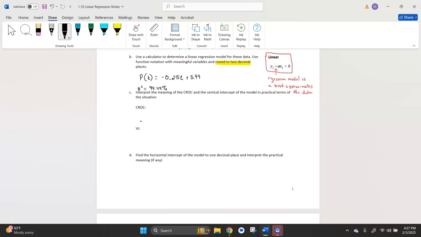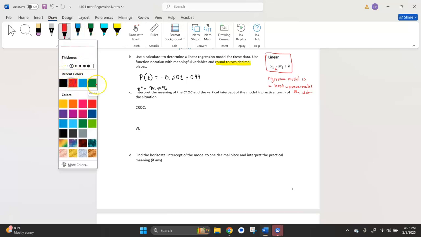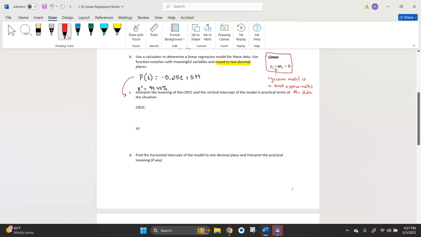Now, interpret the meaning of the constant rate of change. Notice that we're not looking at the data, and we're not looking at the calculations that we've done before; we're simply looking at what we have written in for our function. The constant rate of change is negative 0.25 parts per million per year.